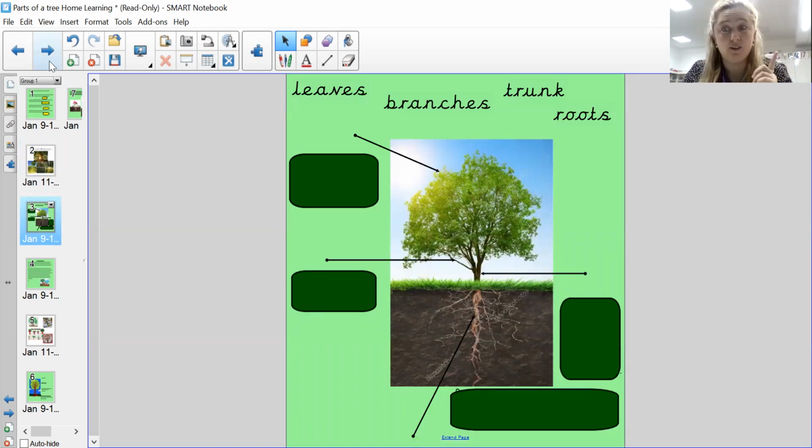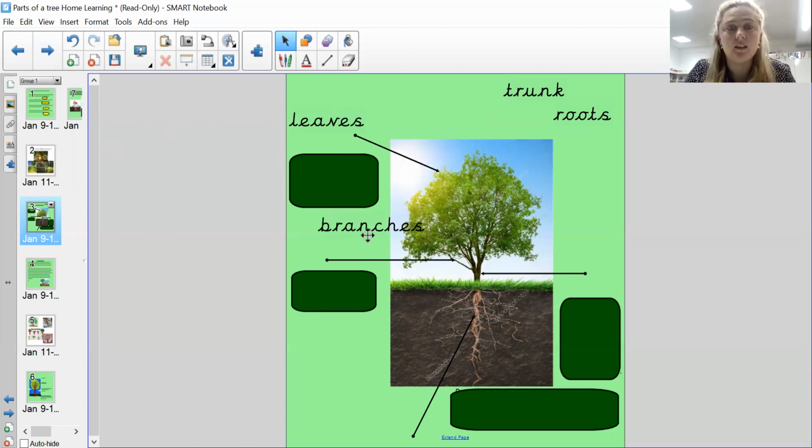We are first going to label the parts of a tree. So, help me out. What are the green things? Oh yeah, leaves. Well done. What are the small things at the end of this arrow? Yeah, branches.